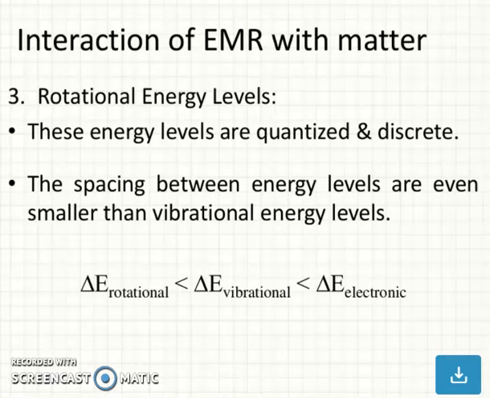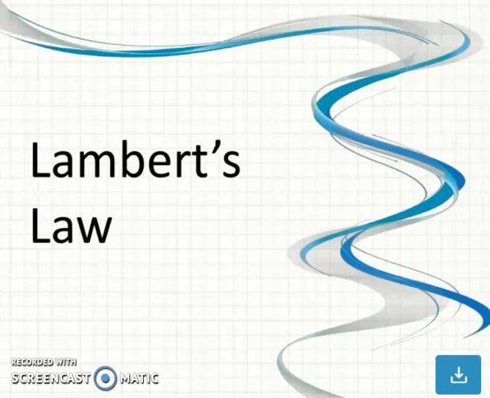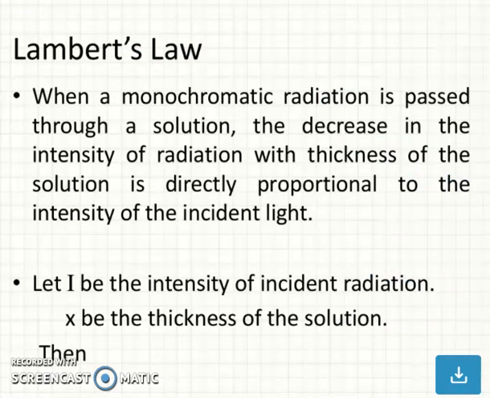The third important point is rotational energy levels. These energy levels are quantized and discrete. The spacing between energy levels is even smaller than vibrational energy levels. If you look at this, you can see delta E electronic is much greater than delta E vibrational and then delta E rotational.